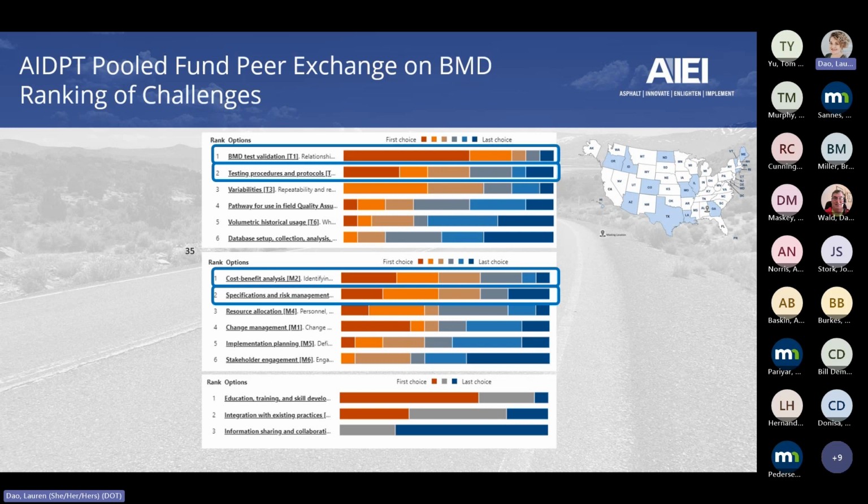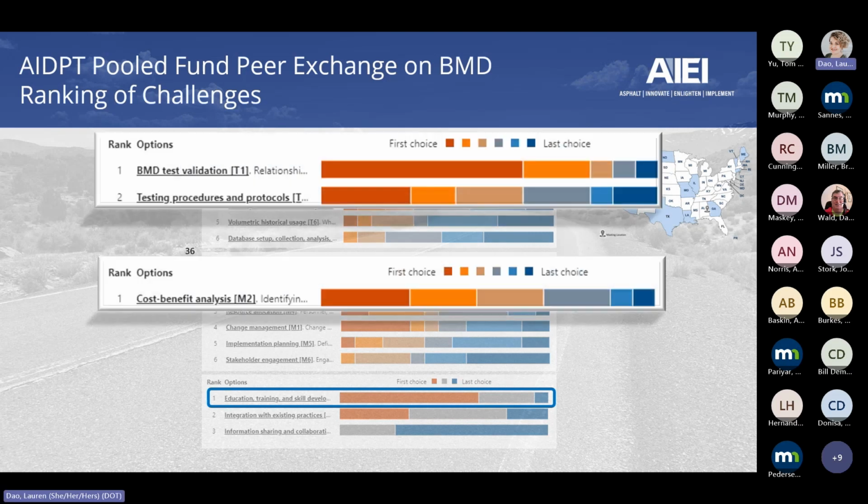Shows your upper management why it is cost effective, and specifications and risk management. And the overarching one was more about the education, training, and communications among the different stakeholders. So, given the limitation, I'm going to talk about just three of them: the test validations, the testing procedures and protocols, and the cost benefit analysis.